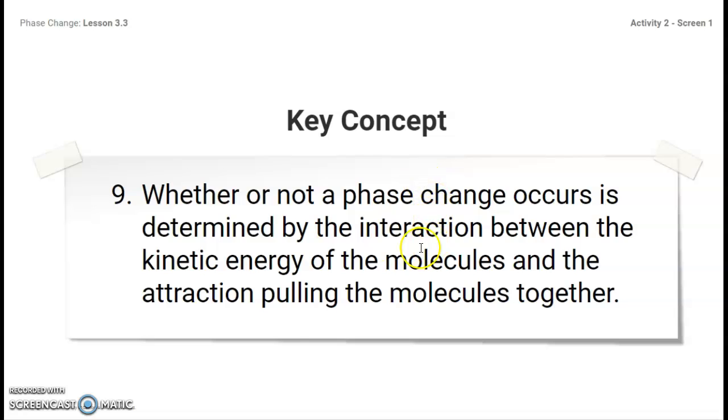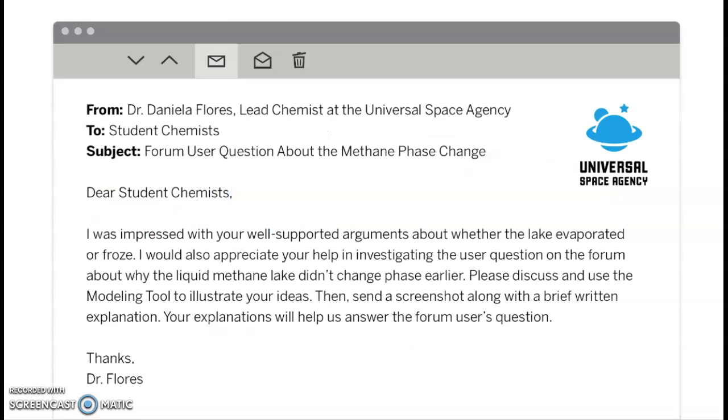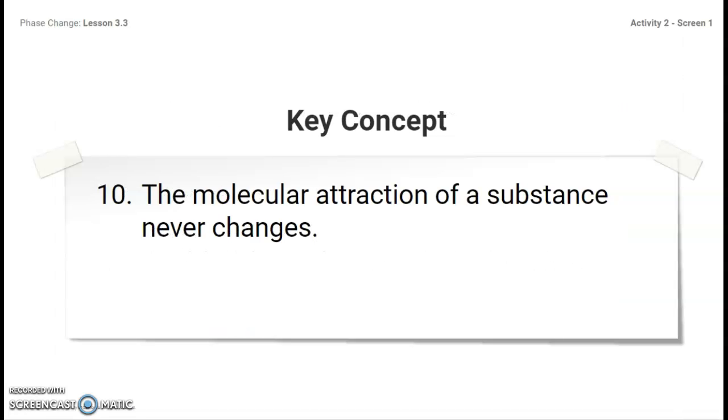So let's look at this key concept. At this point, you should know this key concept and the next one. Whether or not a phase change occurs is determined by the interaction between the kinetic energy, or energy of movement, of the molecules and the attraction pulling the molecules together. We also know that the molecular attraction of a substance never changes.